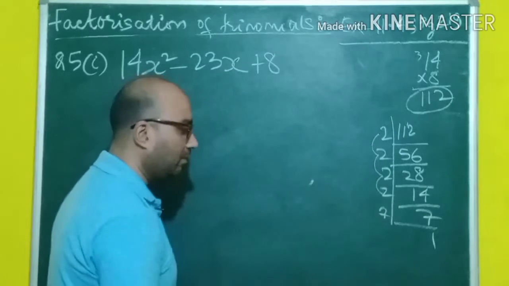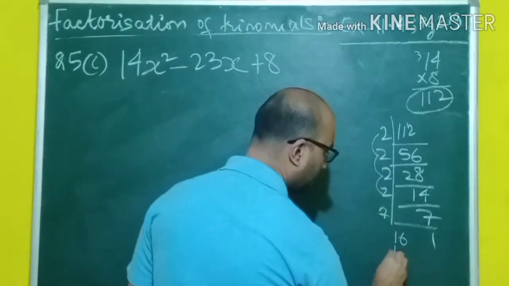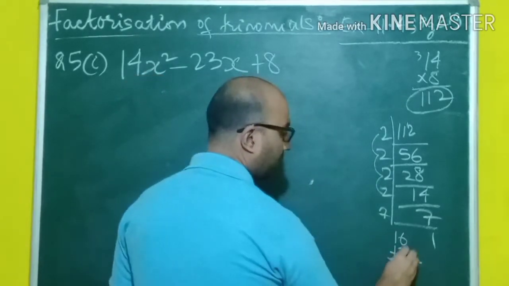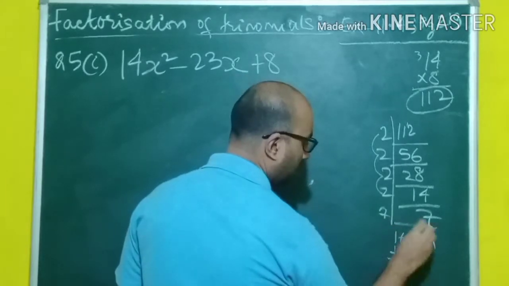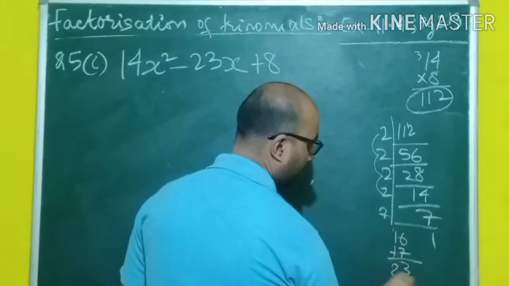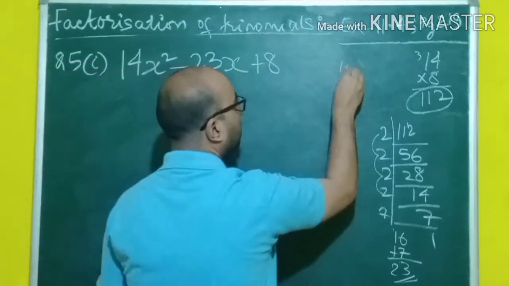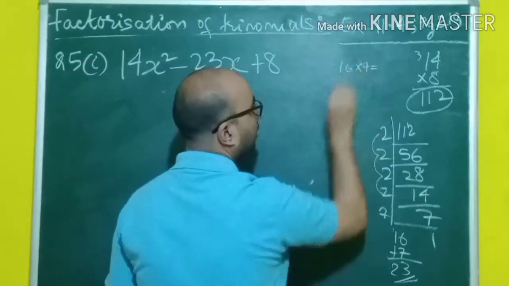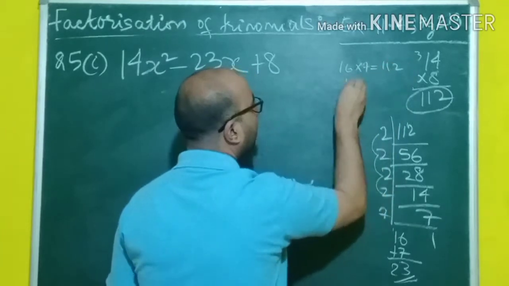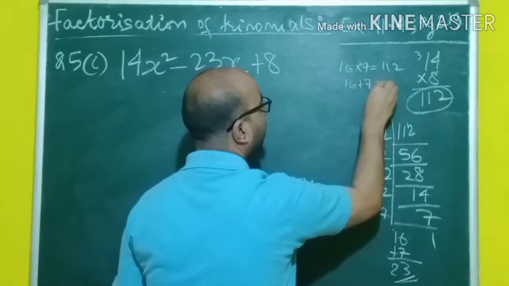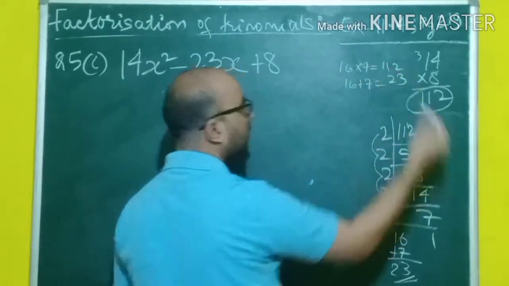So what is 16 plus 7? I think this should be the correct combination. 16 plus 7, this will be 23. Perfect. So 16 into 7 will give us 112, and 16 plus 7 is giving us 23, which is our middle term.